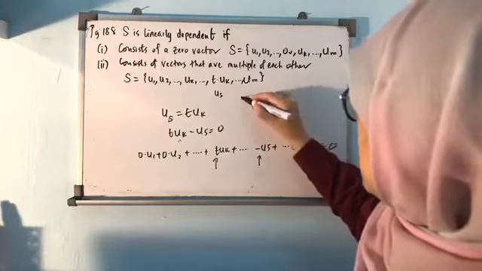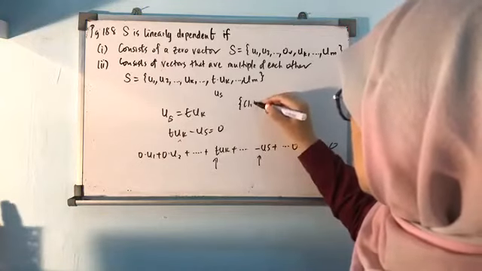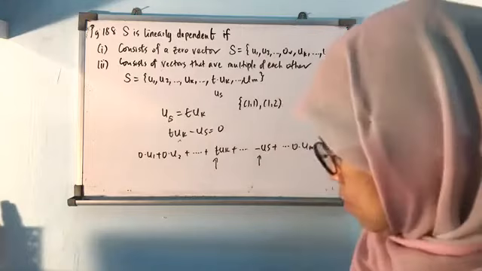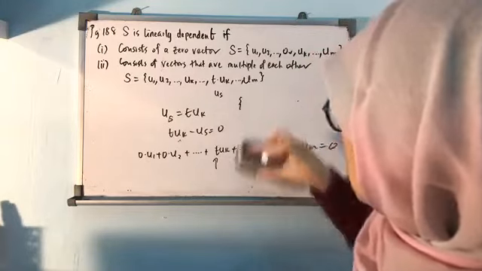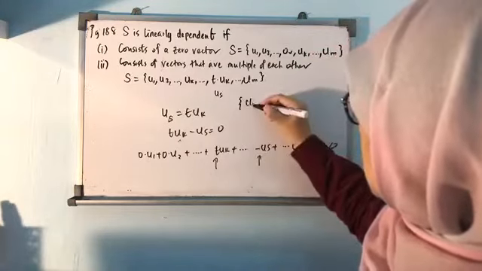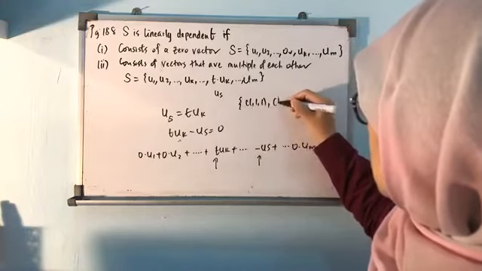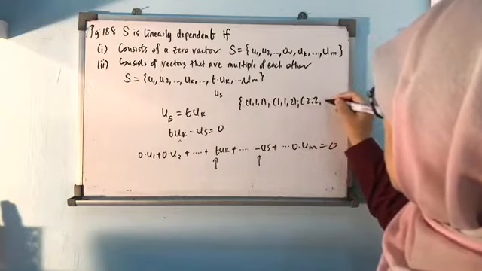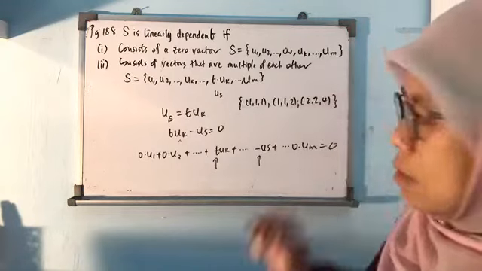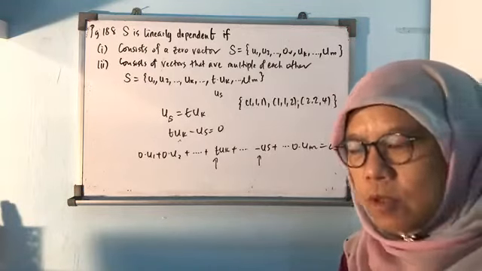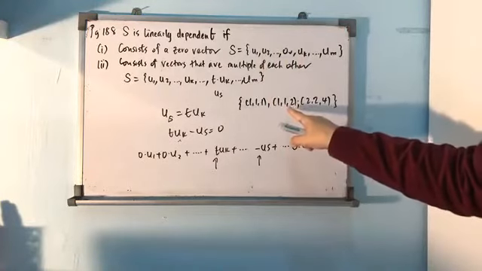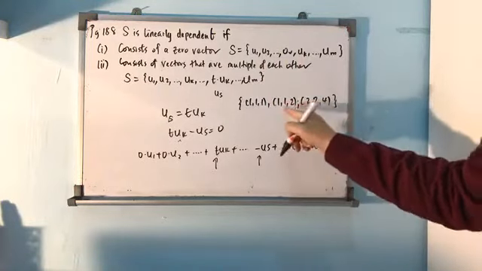For example, like you have (1,1,1), (1,1,2), (2,2,4). So you see this one is a multiple.